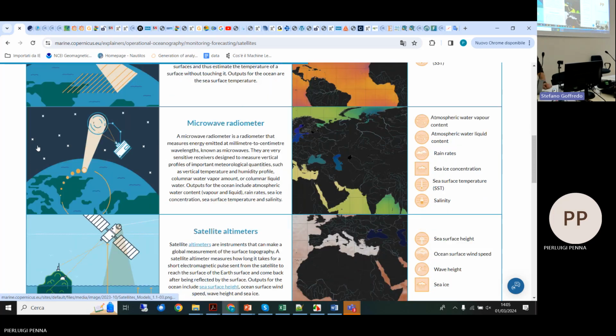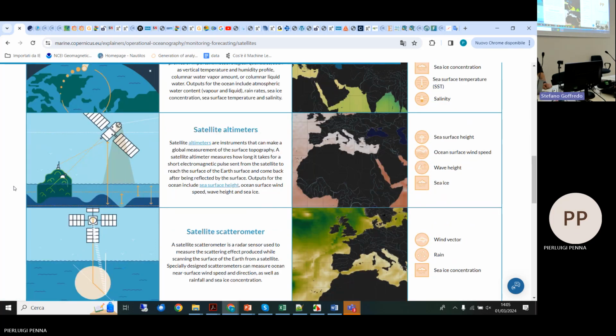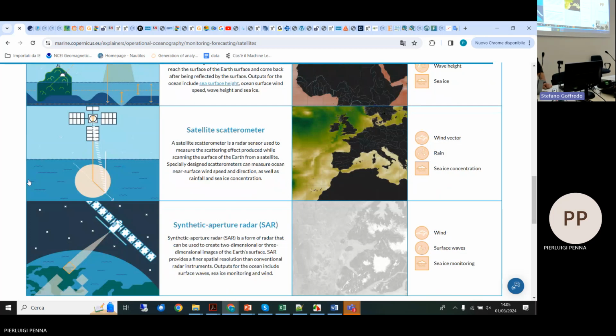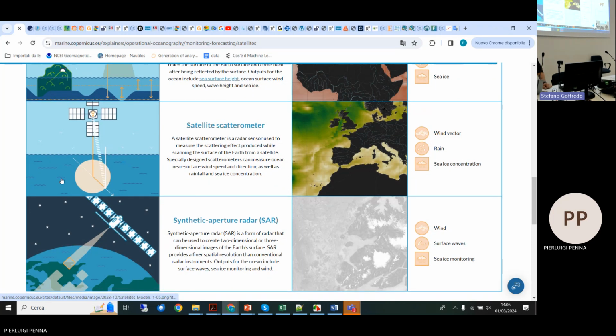So, microwave radiometer on the right, you are seeing the parameters measured from remote sensing: satellite altimeters, scatterometer for wind vector, and sea ice concentration.